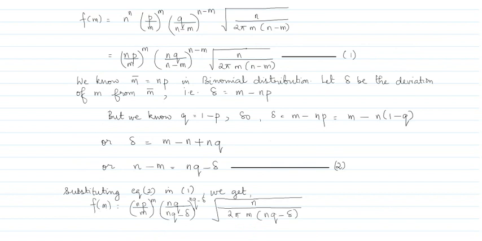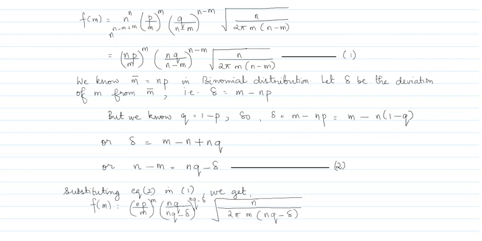Now here this n raised to n is remaining isolated. So I just want to take that also within these terms. What I do is I add and subtract an m. So this term would be n raised to n minus m plus m.